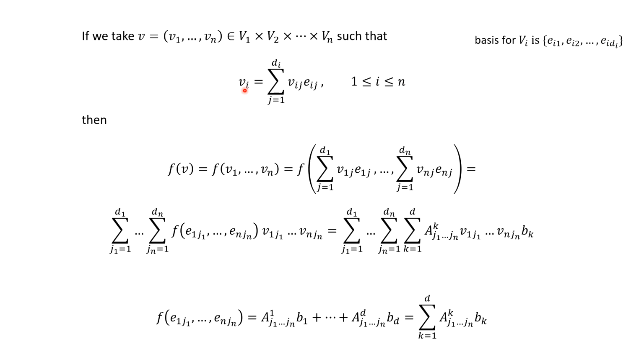It's v sub i, i goes from 1 to n, the sum from j equals 1 to d sub i, and then we're using the basis for the ith term in here. You notice the first index corresponds to v sub i, and then the j just enumerates each one of these different basis elements.